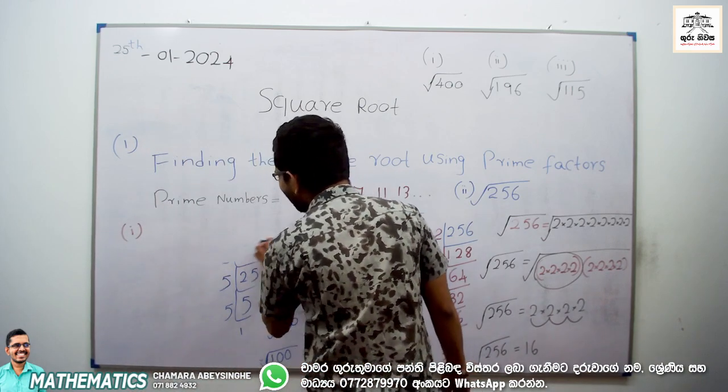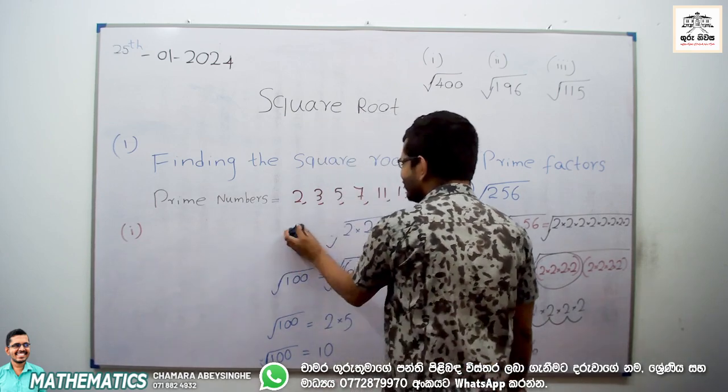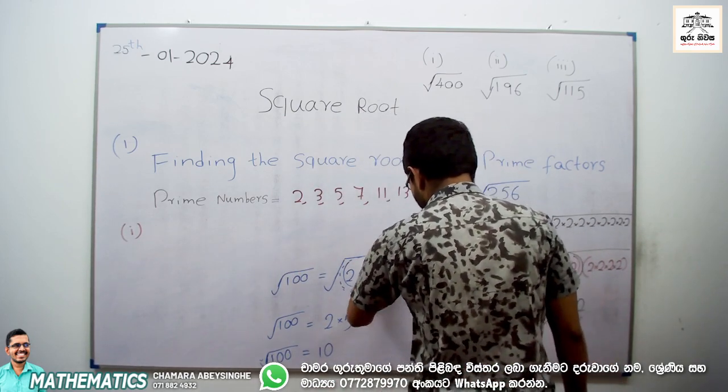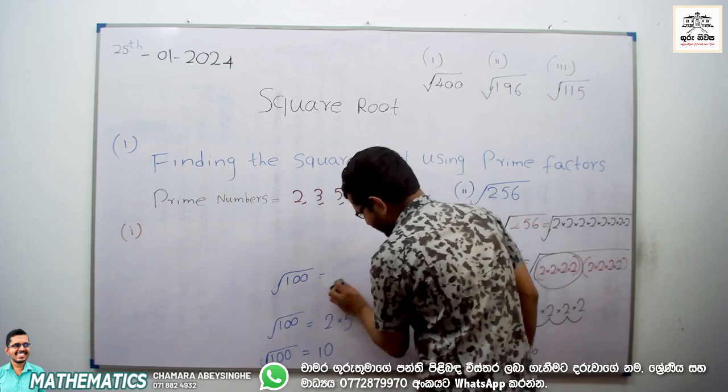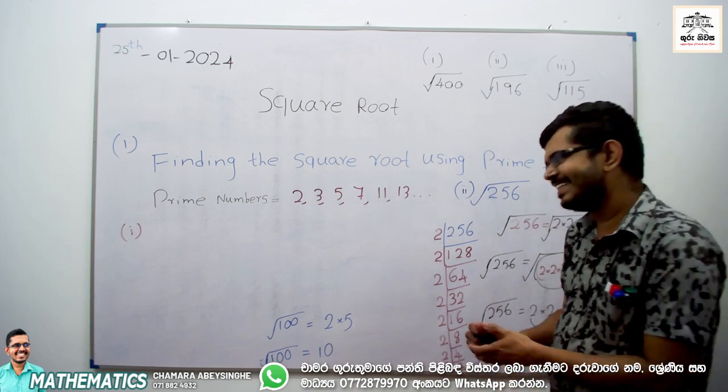Square root 400. What is the answer, student? Did you finish square root 400? 20. One student says 20. Other student?